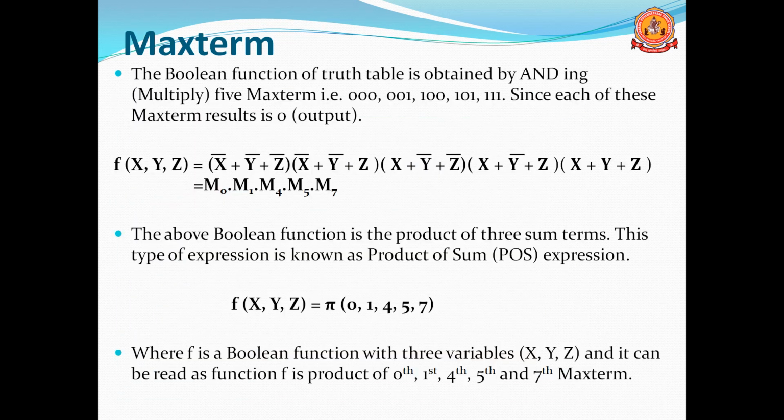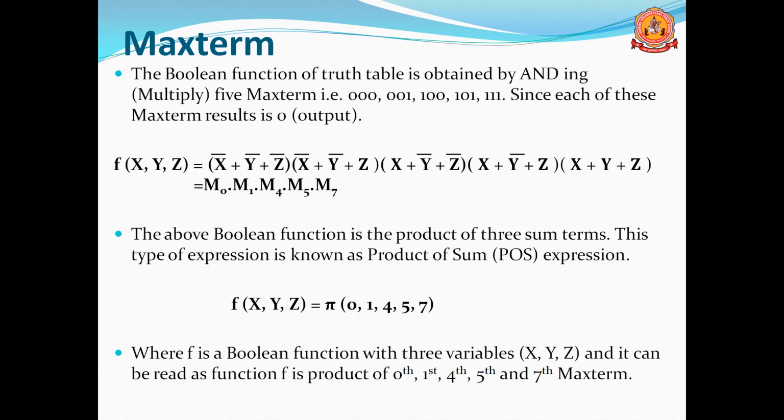Here are the terms which produce output 0: 0, 0, 0; 0, 0, 1; 1, 0, 0; 1, 0, 1; and 1, 1, 1. So we take all the variables and write the function. The function is written as f of x, y, z because that denotes the total number of variables, and we take the max terms for the inputs which produce output 0. The terms are x plus y plus z, x plus y plus z dash, x dash plus y plus z, x dash plus y plus z dash, x dash plus y dash plus z dash.